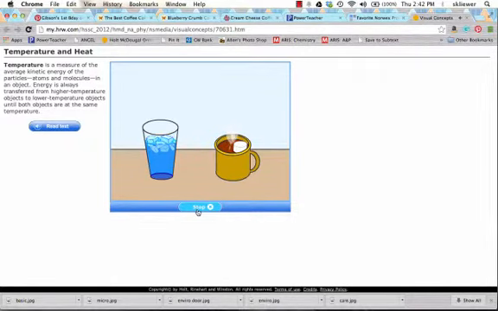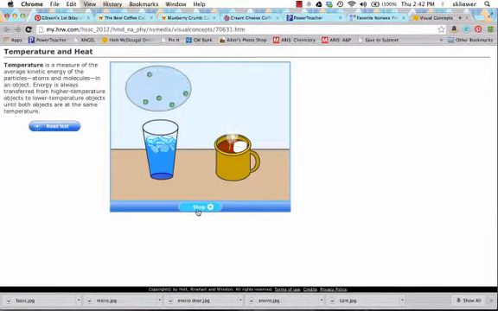The temperature of a substance or object is proportional to the kinetic energy of its atoms or molecules. Objects at low temperatures often feel cold, while objects at high temperatures often feel hot. Particles of an object at low temperatures have low average kinetic energy.